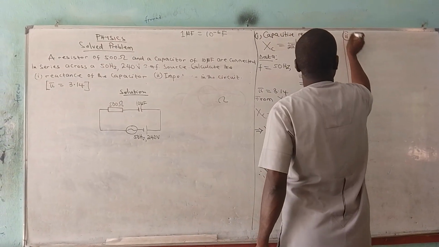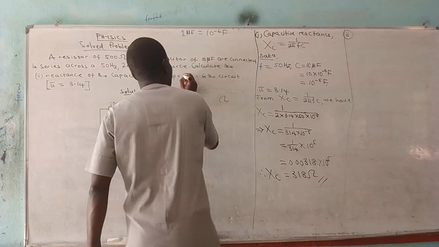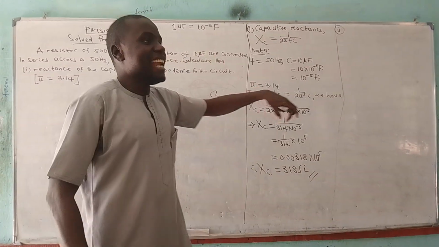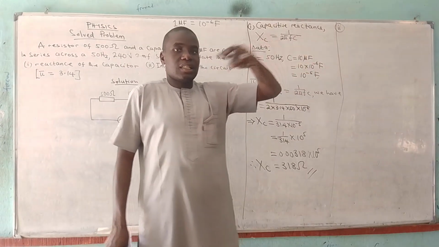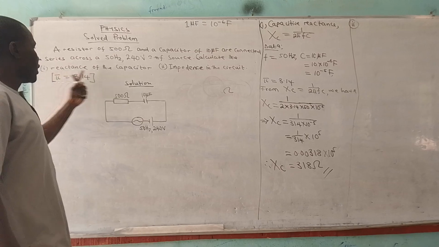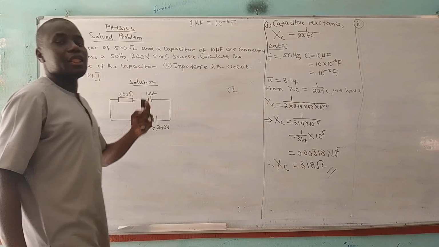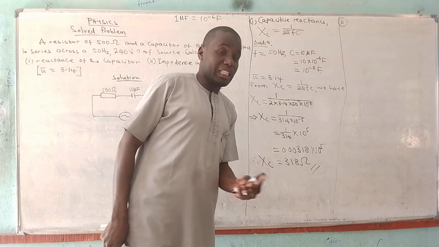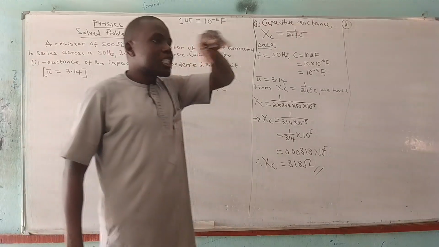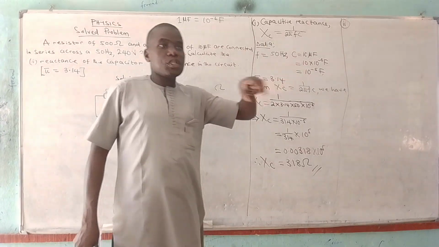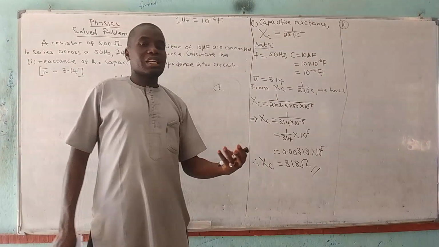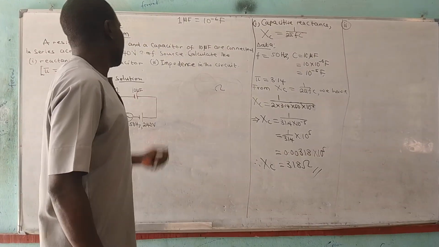So for the Roman figure 2, impedance. When I give you the impedance, what I mean is the net resistance. What is the net resistance caused by both the capacitor and the resistor? That is when there are two components. If there are three, when we talk about impedance, that is Z, it is the total opposition caused by the capacitor, the resistor, and the inductor, in the case where we have an inductor in the circuit.